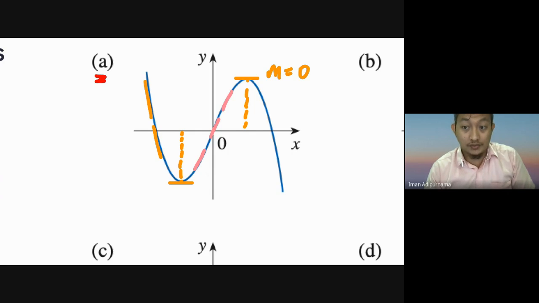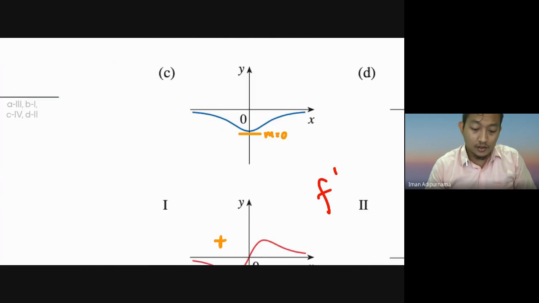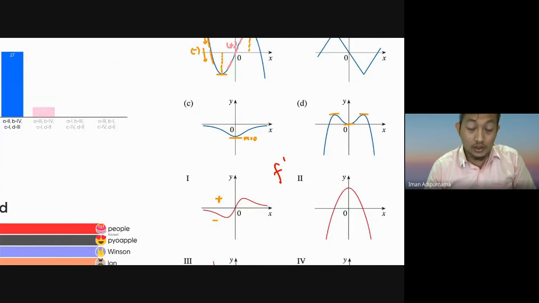It should be a positive m. If you see this one, it's negative, right? So this will be positive, this will be negative. By that way, we can predict what our derivative is for specific functions.